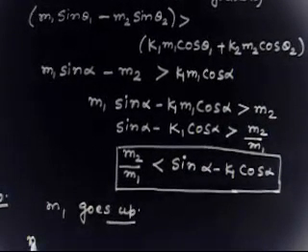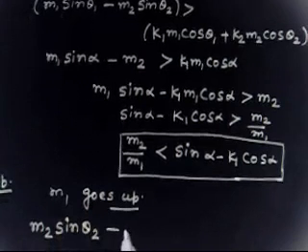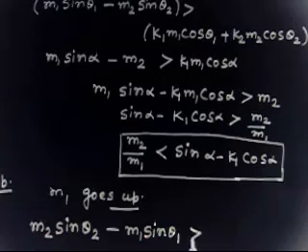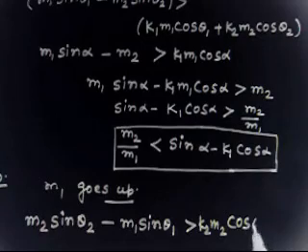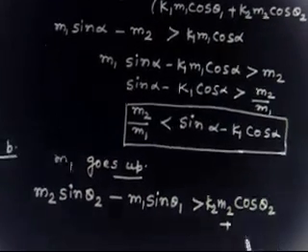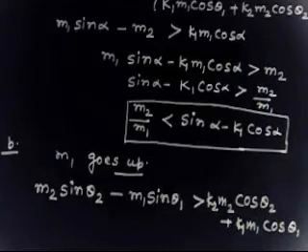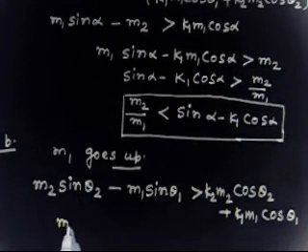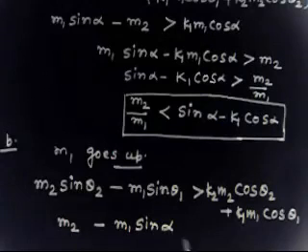So this is m2 sine theta 2 minus m1 sine theta 1. This should be greater than k2 m2 cos theta 2 plus k1 m1 cos theta 1. So if you plug the value, theta 2 is 90 degrees, so sine theta 2 is 1, so this is m2 minus m1 sine alpha, because theta 1 is alpha.